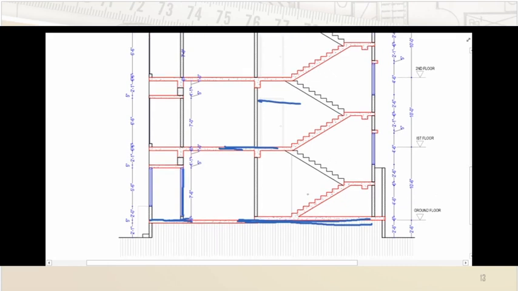But what happens for the staircase window? This is a staircase window. We don't have any staircase window in the bottom story at this level. We need to place any staircase window only after we go up to the mid height of the stair, and then we can see the window.